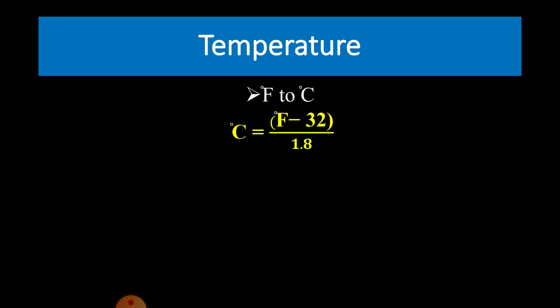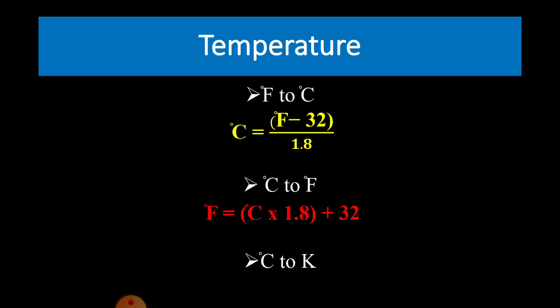Then, degrees Celsius to degrees Fahrenheit. That is, degrees Fahrenheit is equal to the quantity degrees Celsius times 1.8 plus 32. And lastly, we have degrees Celsius to Kelvin. So Kelvin is equal to degrees Celsius plus 273.15.